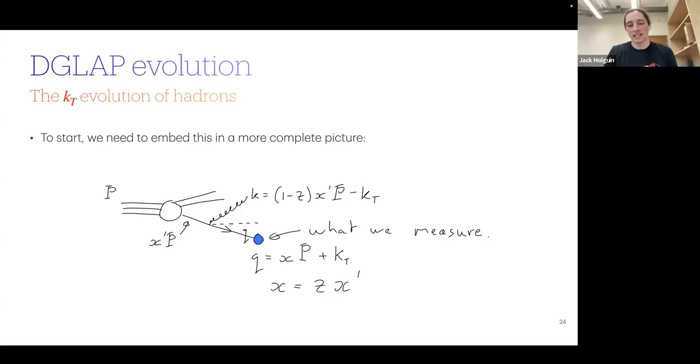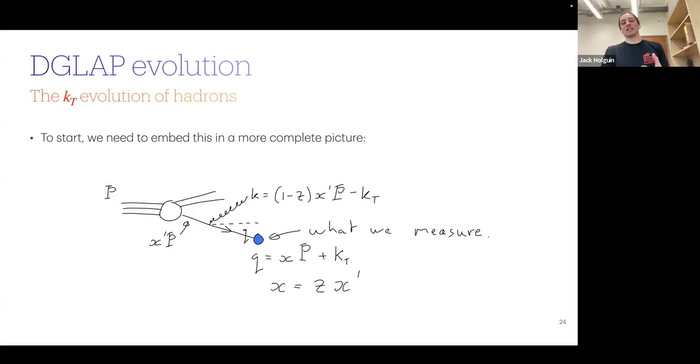Now, this quark could radiate a load of gluons, which take away some of that momentum, so that what we eventually measure is a quark going into the hard scattering process that has momentum x times the initial proton momentum plus some transverse momentum. Okay, so we're measuring the blue blob in this diagram, and what we're getting from the proton originally is higher up in the chain. It's the quark with momentum x prime times p.